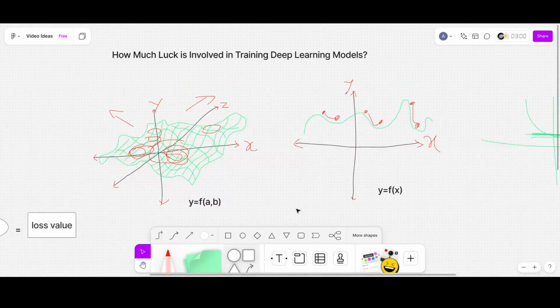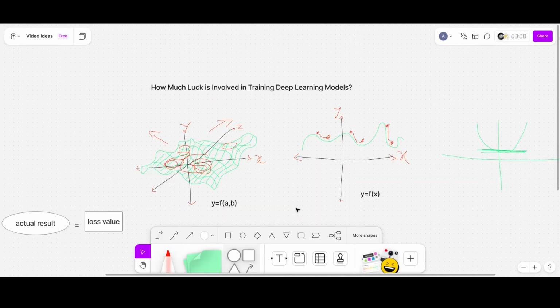In conclusion, I made this video because I have faced a phenomenon where I train the same model with the same data set multiple times, but the loss value I get and the accuracy and the F1 score I get is different every single time.